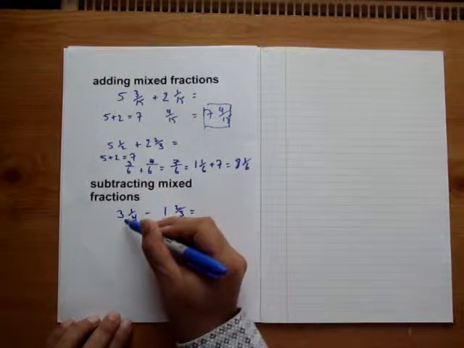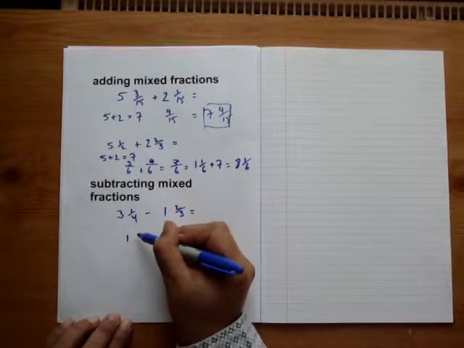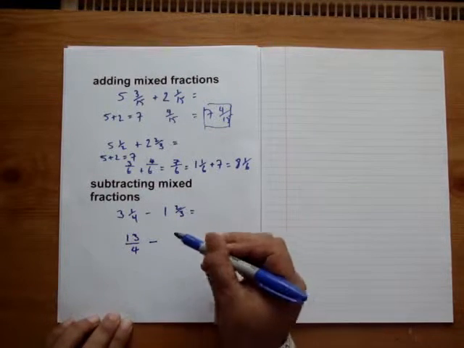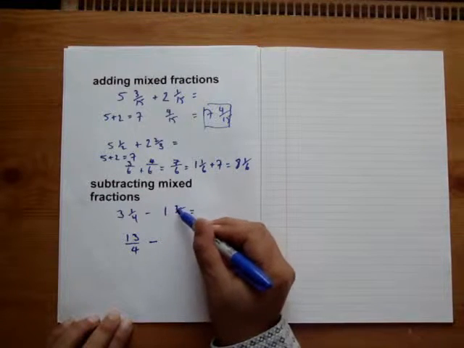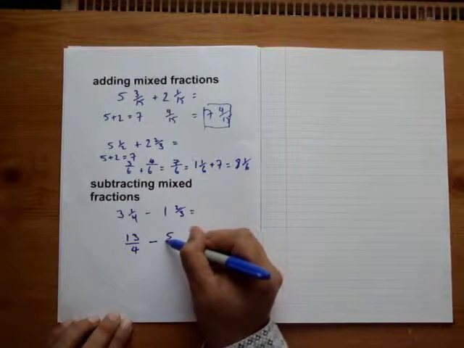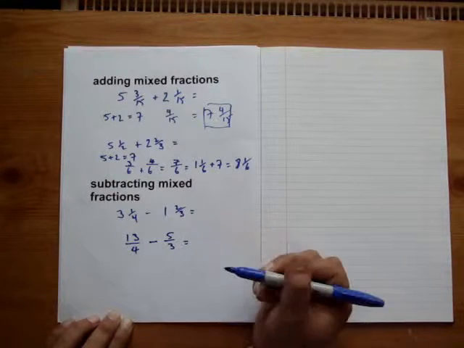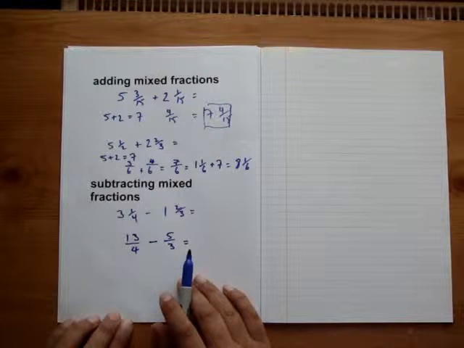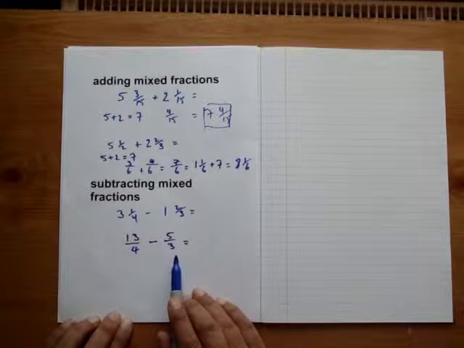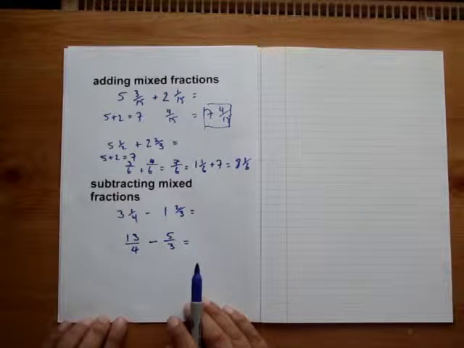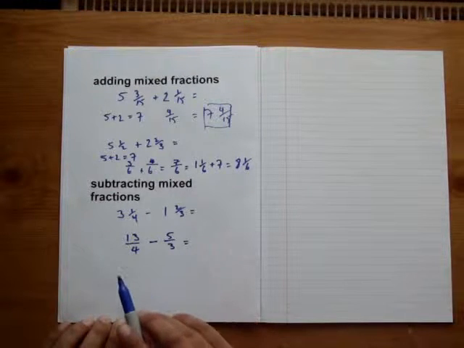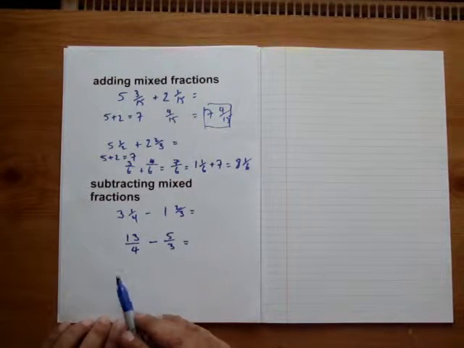We have 4 times 3 is 12 plus 1, 13 over 4, minus 3 times 1 is 3 plus 2 is 5, so that makes that 5/3. Now remember, when we're subtracting we need the denominators to be the same, so let's use the lowest common multiple example again, and then do the subtraction.